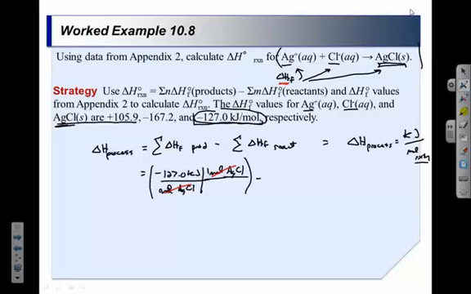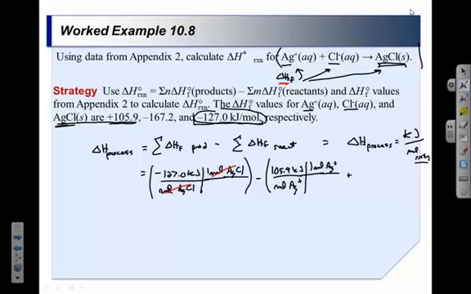The reactants I have are silver ions, which are plus 105.9 kilojoules per mole of silver ions. In this particular reaction, I happen to have 1 mole of silver ions.